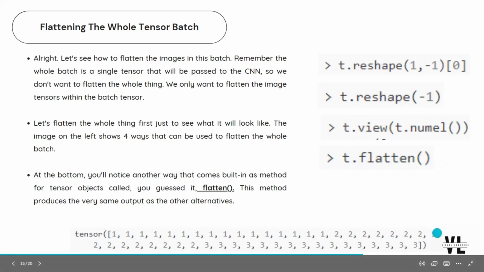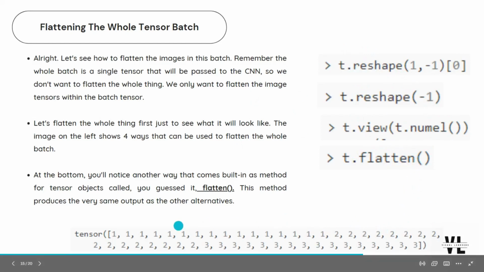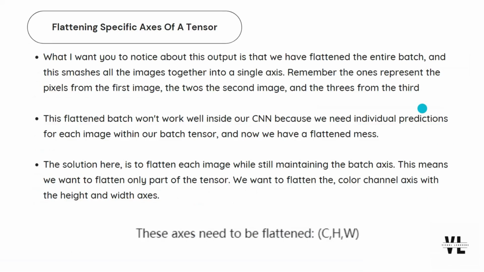All of these perform the same thing, but I'm putting them here so that you can see what's happening behind the scenes and the different methods you can use to flatten the entire tensor. If you don't specify any arguments here, it's going to just squish everything into a one-dimensional tensor, no matter the shape.